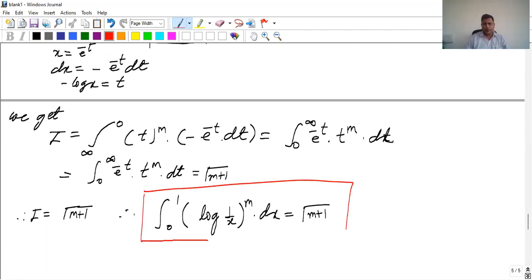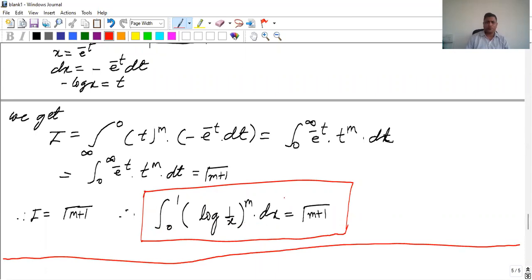This integral was discussed by Euler in one of his letters, and from this integral the definition of the gamma function came into the picture, and then it was defined as gamma. So we got the idea for this integral.